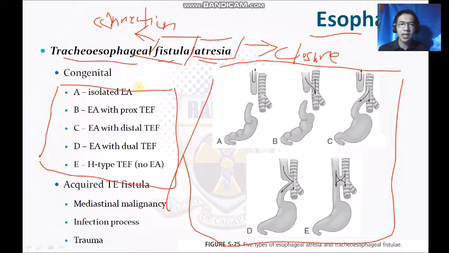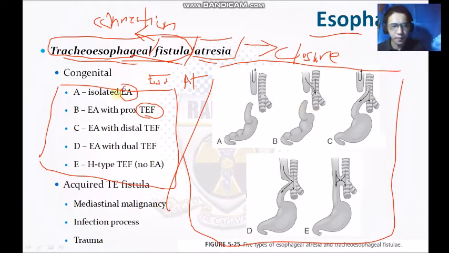We have the congenital tracheoesophageal fistula and then esophageal atresias. Okay, so when we talk about EA, that would refer to esophageal atresia. When we talk about TEF, this is the terminology: tracheoesophageal fistula. Okay.